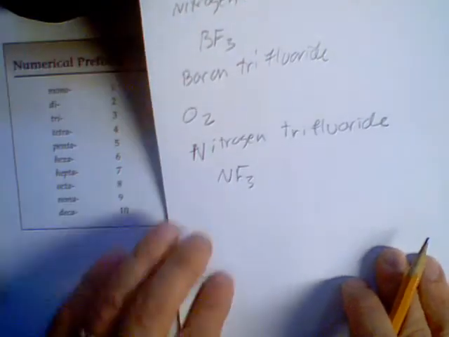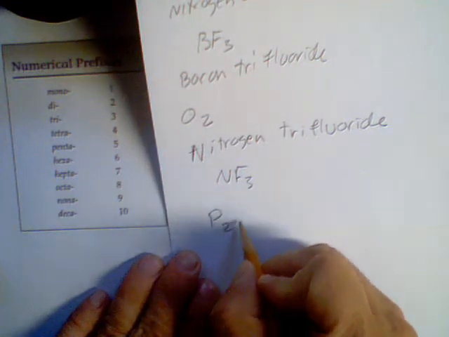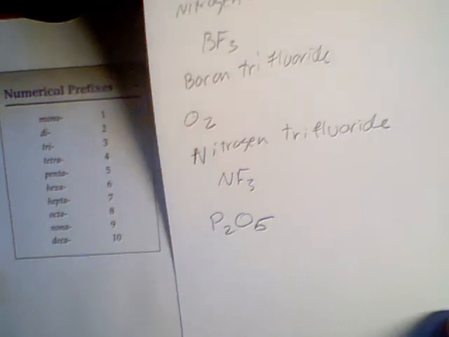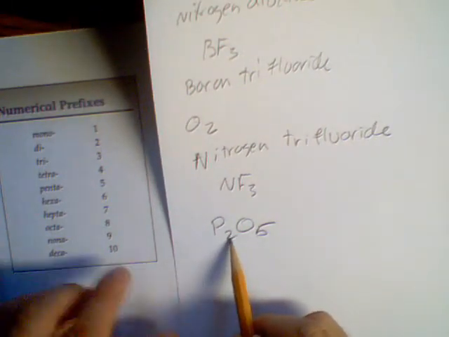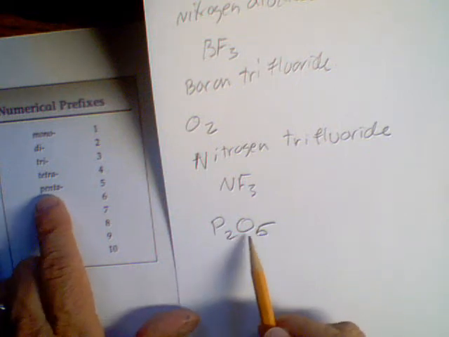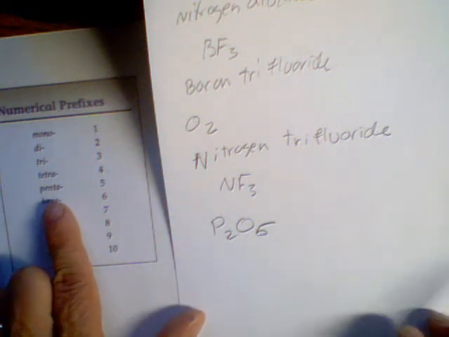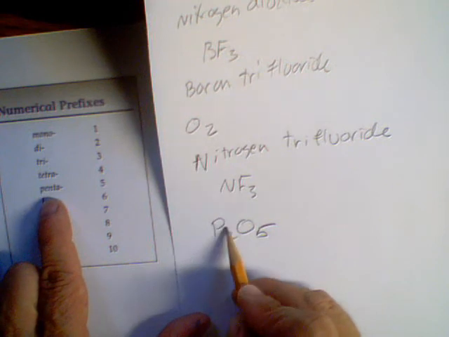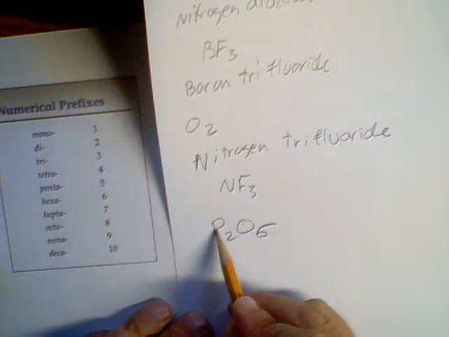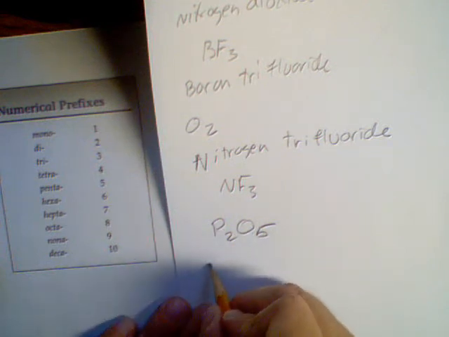How about one more? P2O5. Well, 2 is di, 5 is penta, so we know we're going to have to use those prefixes. And this is phosphorus and oxide, so it must be diphosphorus pentaoxide.